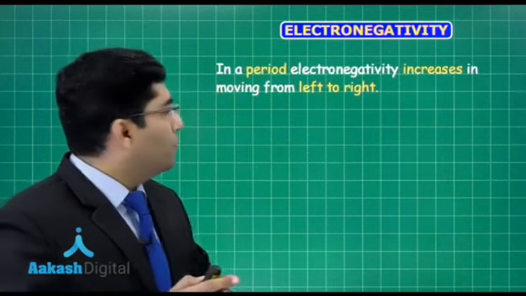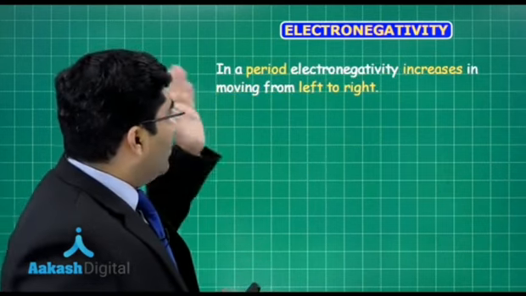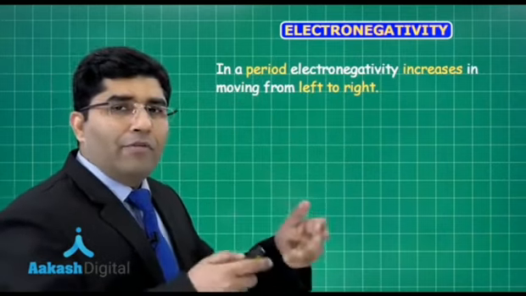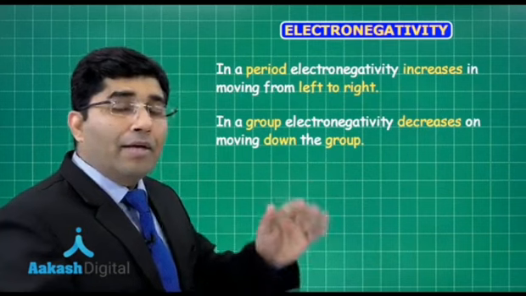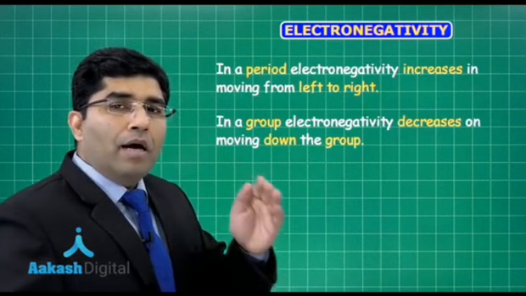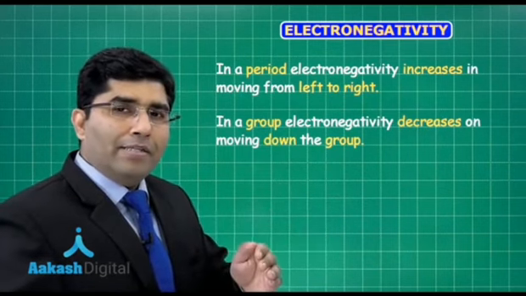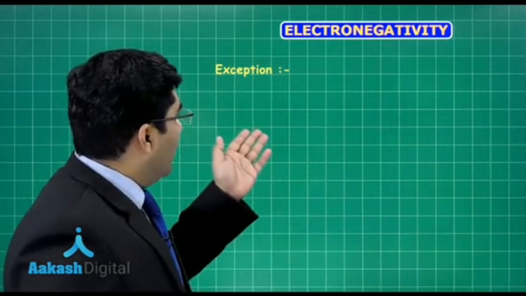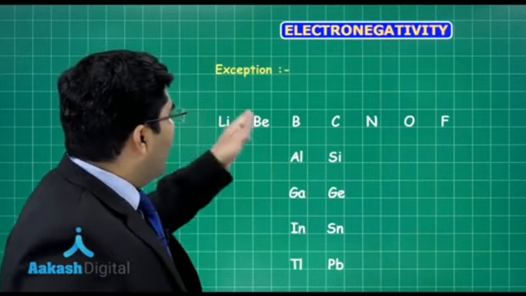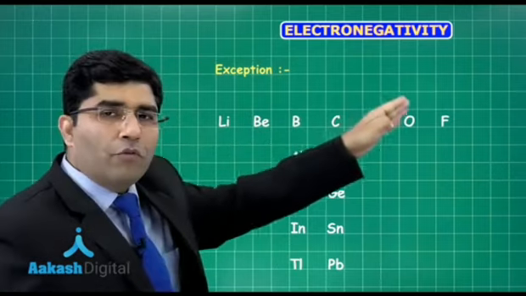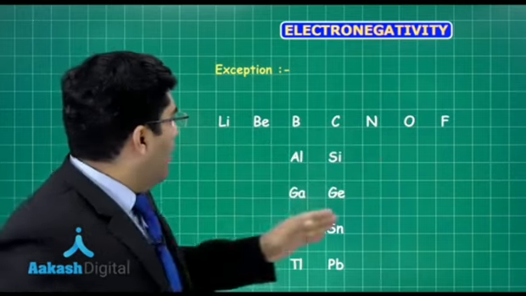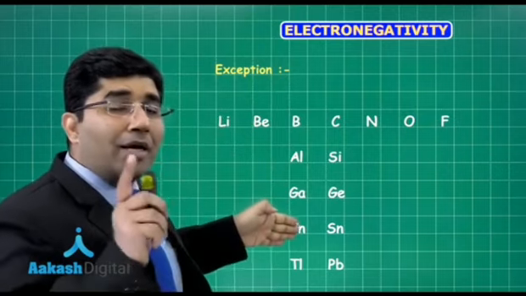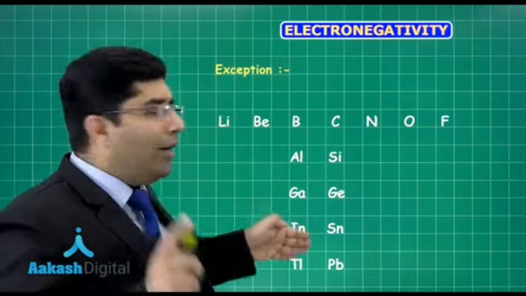We know that in the period the electronegativity increases as the effective nuclear charge increases, and down the group the electronegativity decreases. So the exceptions will be lithium, beryllium, boron, carbon, nitrogen, oxygen, fluorine, this is second period, and boron, aluminum, gallium, indium, thallium, this is 13th group. Now in 13th group what happens?